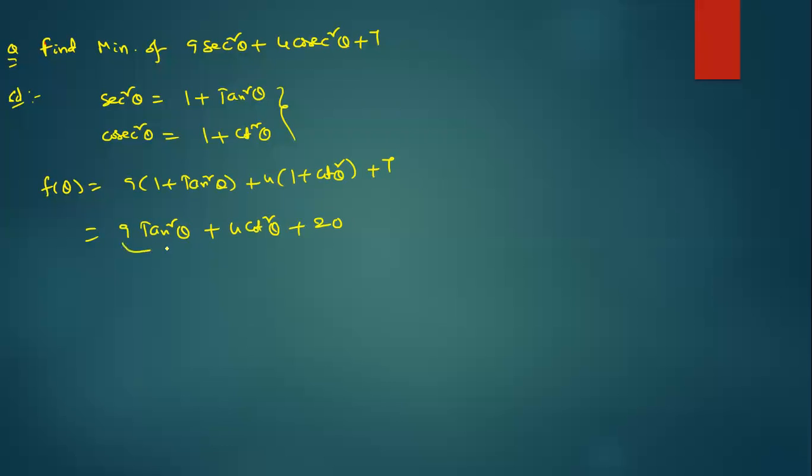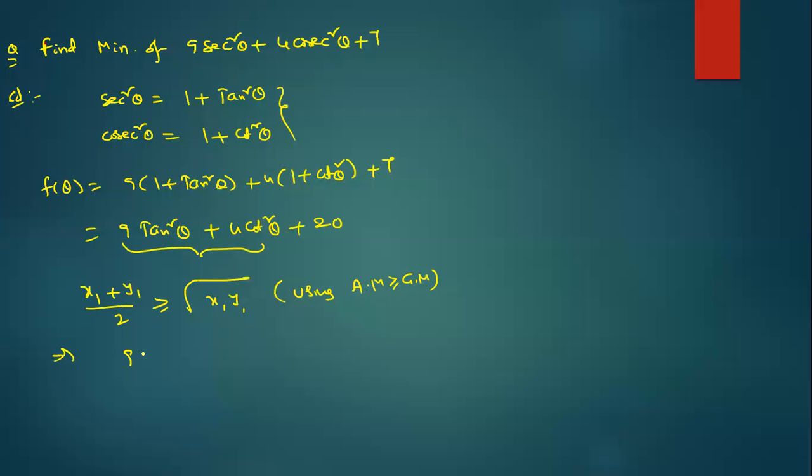Dear students, I am focusing only on these two terms. This is x1, this is y1. Later we can see the constant. What I'm saying: (x1 plus y1) by 2 is greater than or equal to root of x1 y1. Why? Because both are reciprocal to each other.